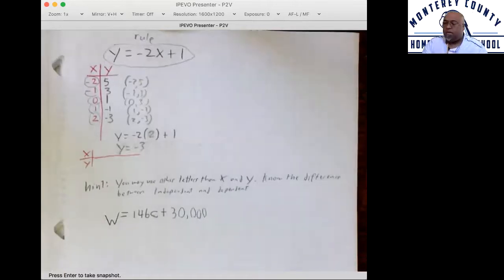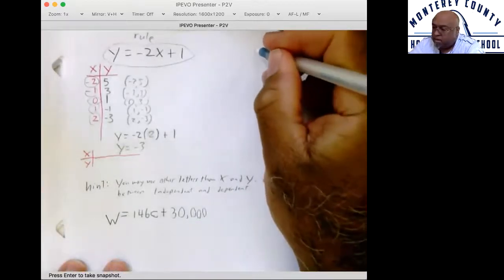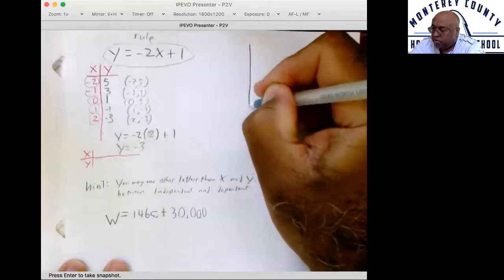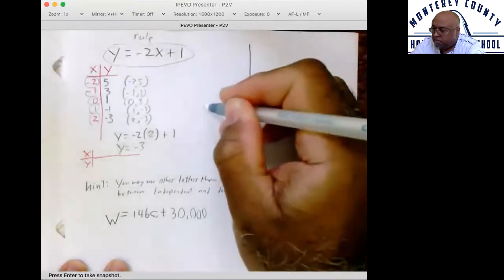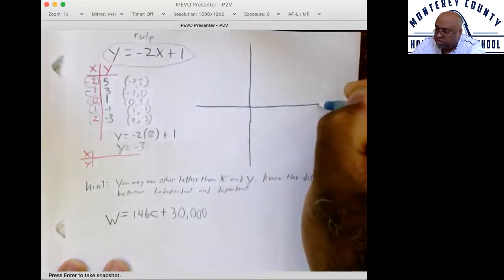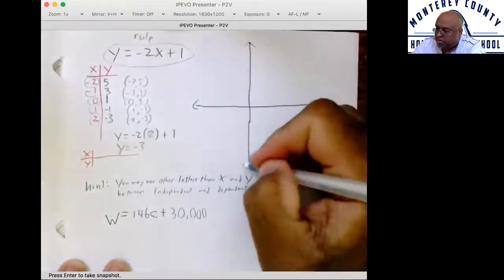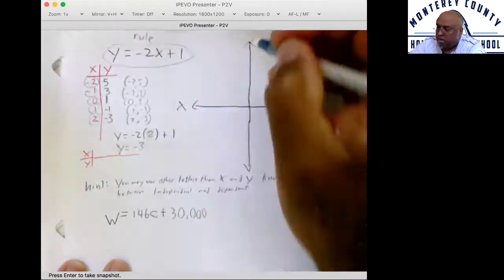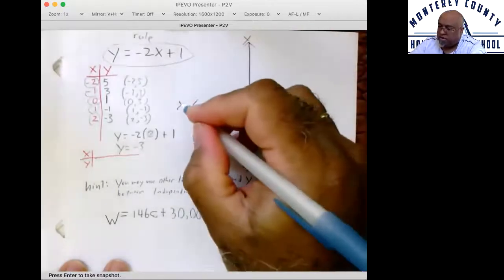All right, now the next step is to make a coordinate plane with proper intervals. To make a coordinate plane is fairly simple. I didn't go into a lot of detail on making a coordinate plane because you probably should have already known how to do that from pre-algebra or whatever class you took before this one.